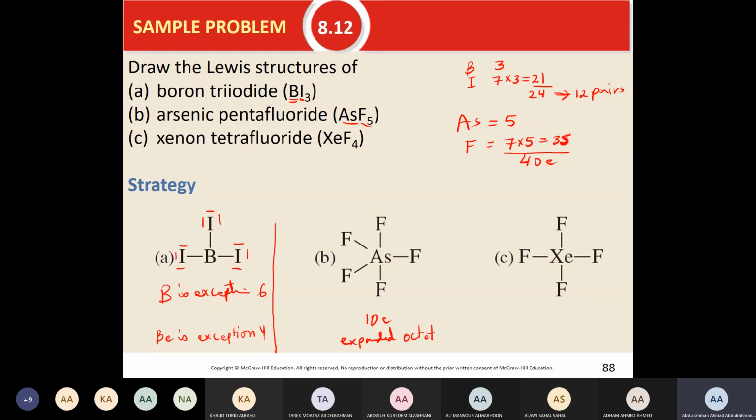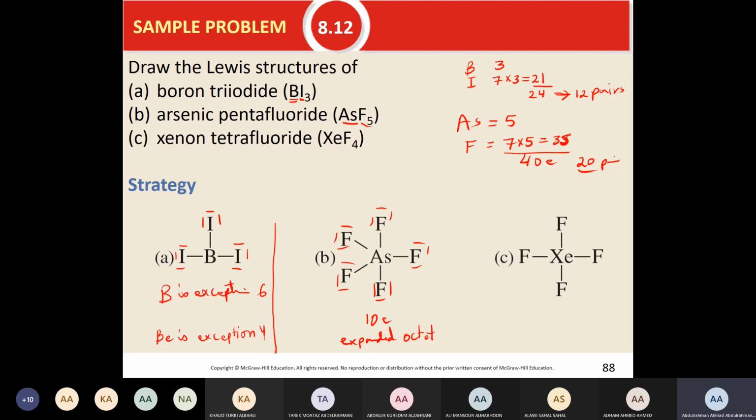How many pairs? 20 pairs. How many did I use so far? 5, 1, 2, 3, 4, 5. So I have 15 left. 1, 2, 3, 4, 5, 6, 7, 8, 9, 10, 11, 12, 13, 14, 15, and I'm done.